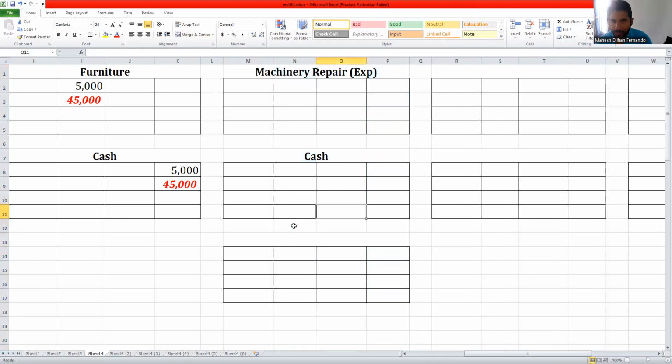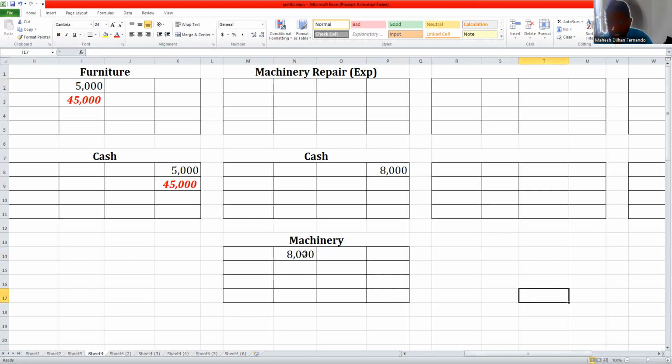But what we have done, cash is correctly recorded, but it is debited erroneously to the machinery account. Now tell me, to rectify this error, what should we do?